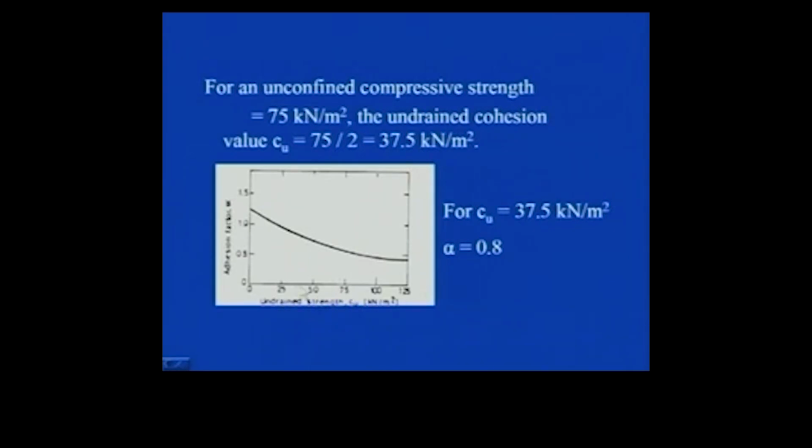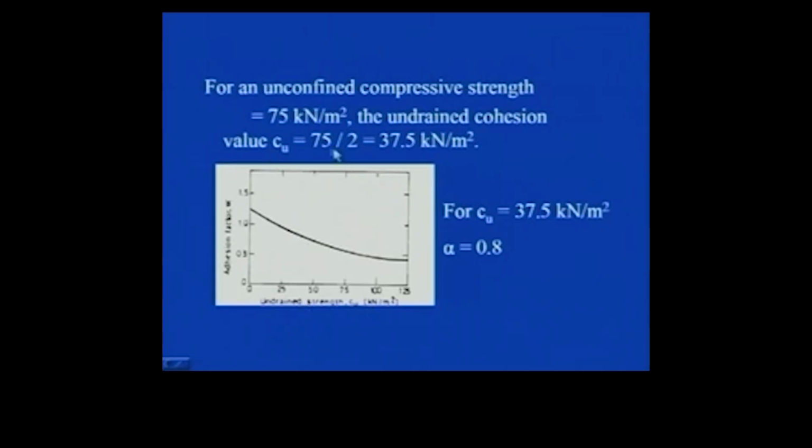You can pick the value 37.5 on the x axis, draw a vertical line, wherever it intersects this particular curve, draw a projection to the y axis, and read the corresponding value of alpha, corresponding to the undrained cohesion value for the considered problem.